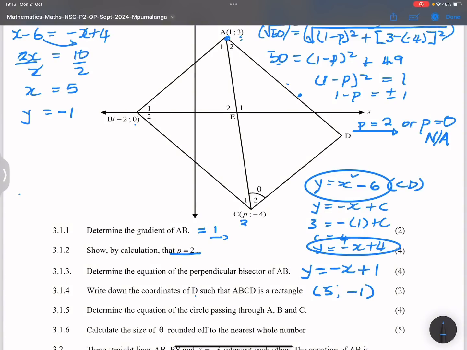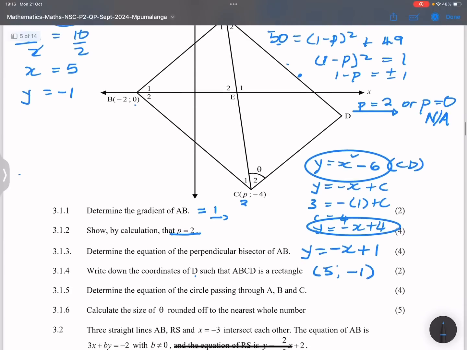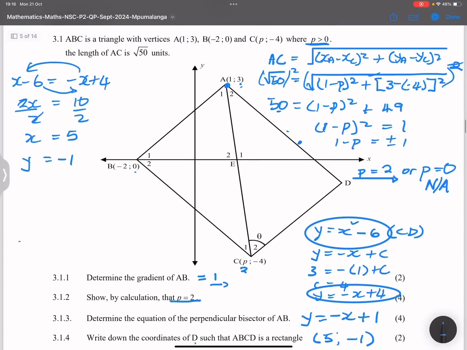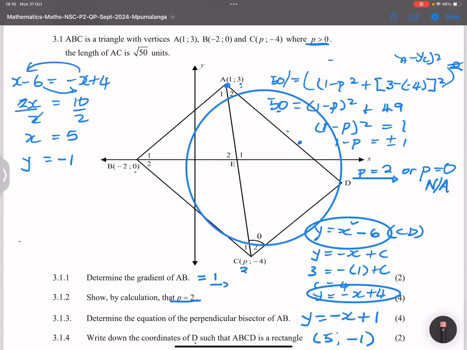Okay, right, so they say to us, determine the equation of the circle passing through ABC. Right, so if we had a circle that would pass through these points. If you don't mind, ladies and gents, I'm just going to remove all of this.